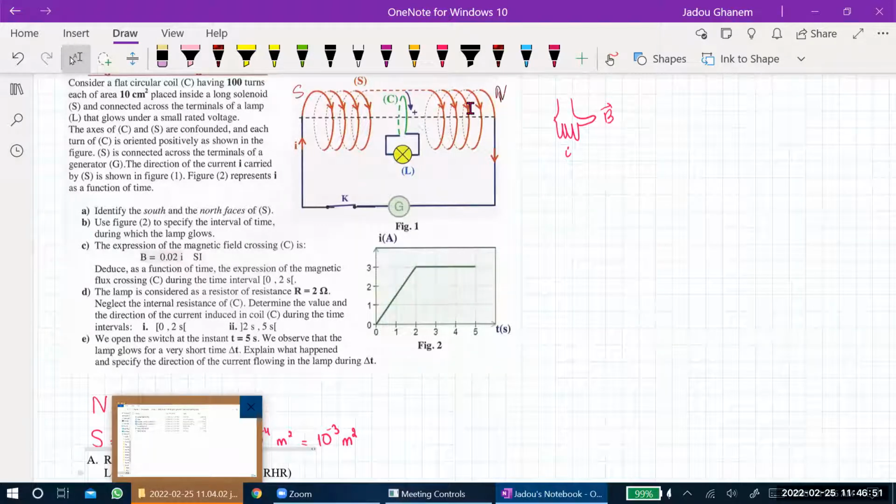After I receive your answers for this part, I'm going to ask someone to explain why you chose this interval. So part B: specify the time interval for which the lamp glows.